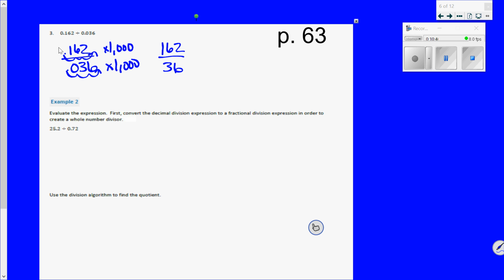We couldn't actually divide by fractions. Mathematically, it just doesn't make sense. It doesn't make sense to divide by parts of a number. I can't really tell how many parts of a number are in a number. It just doesn't work. So instead of doing that, we use the powers of 10 to make them both whole numbers, or at least the denominator. Honestly, the numerator doesn't matter. I can still have a decimal in the numerator and I'm fine.